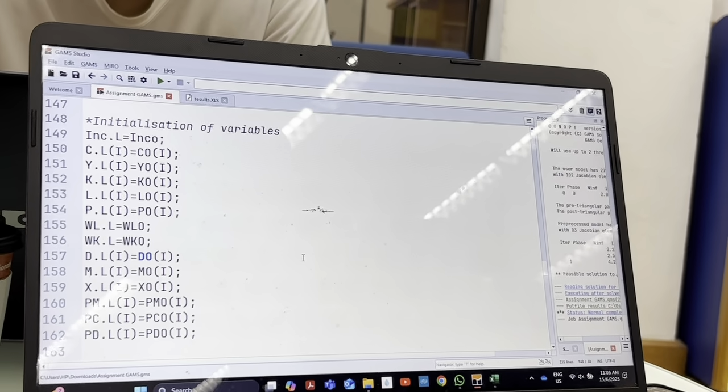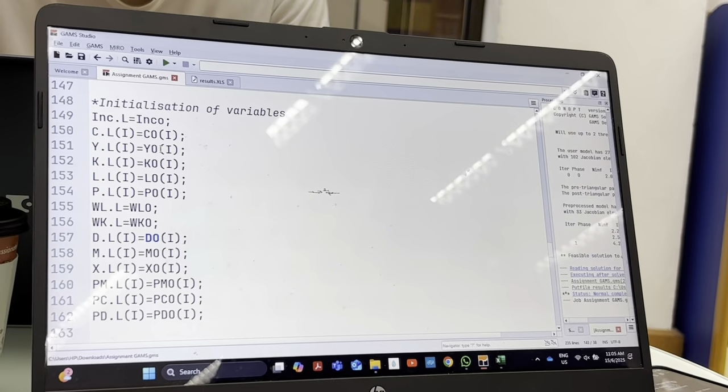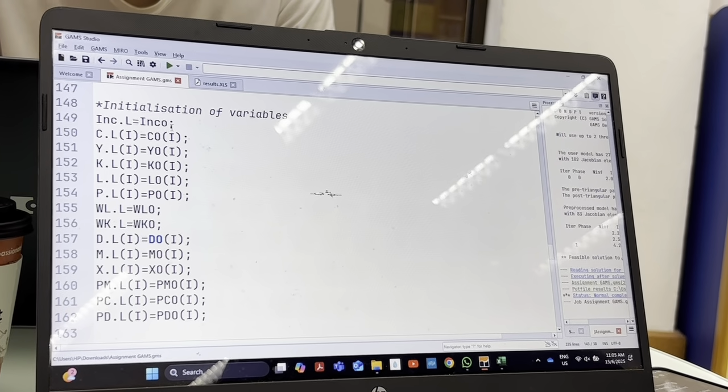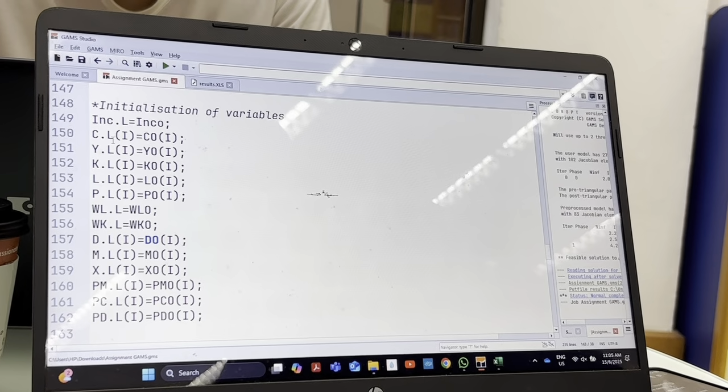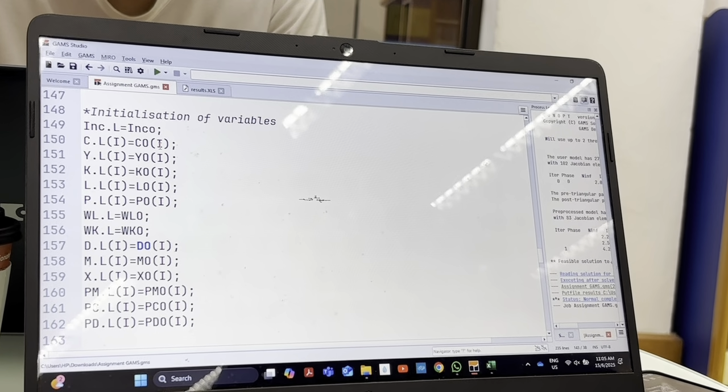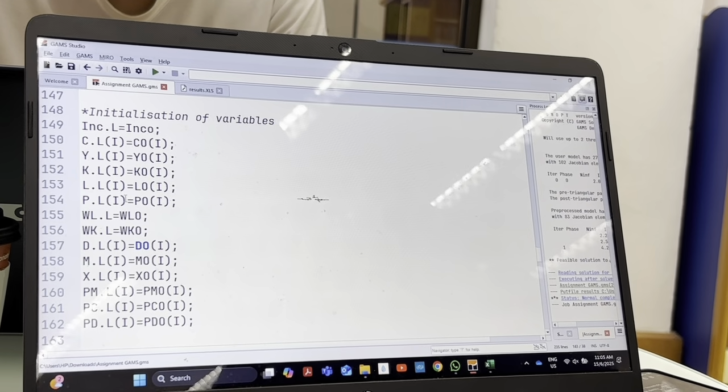Then we move on to the most important, the crucial part, which is initialization. We assume that income times L will equate to income naught, and capital times labor demand for every industry will lead to CO for all industries.